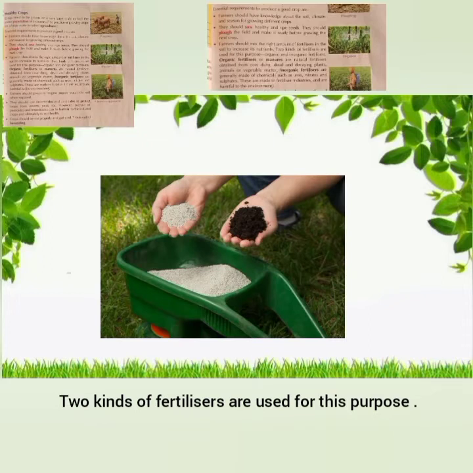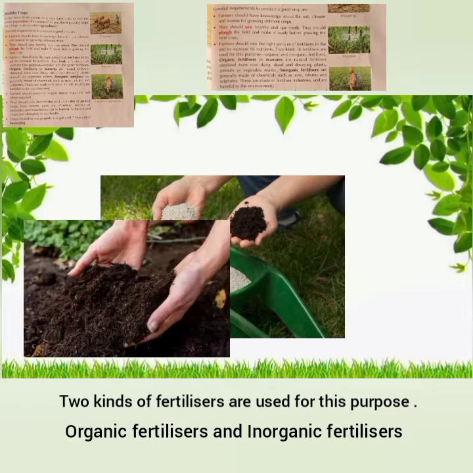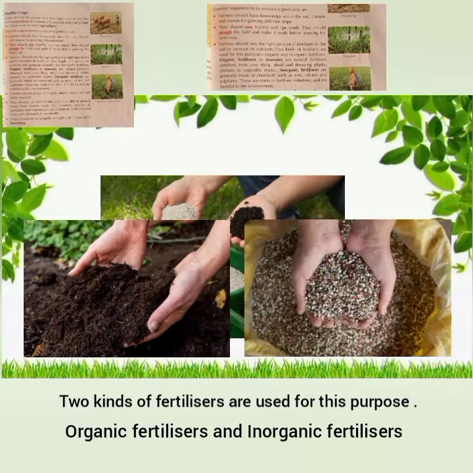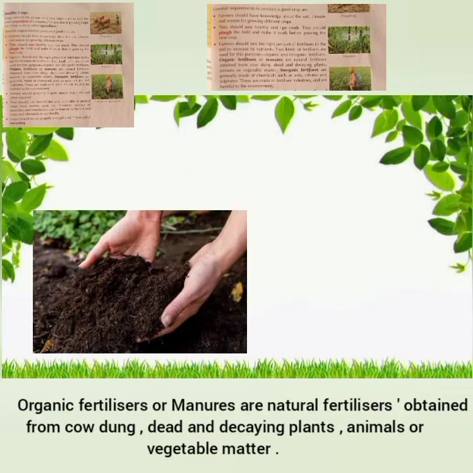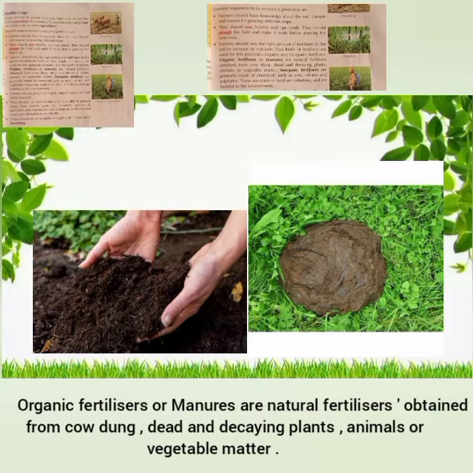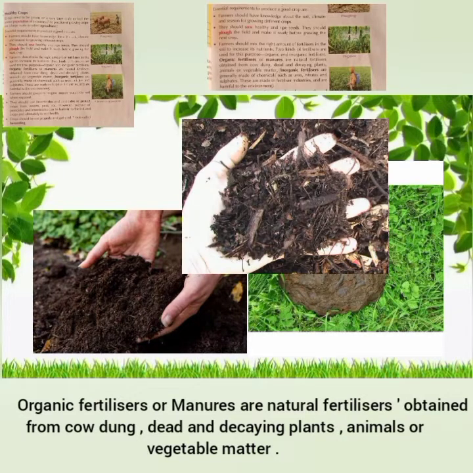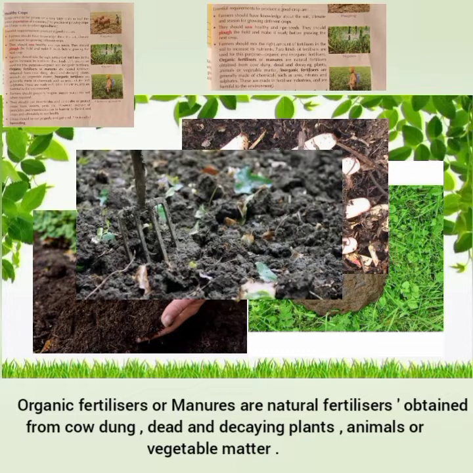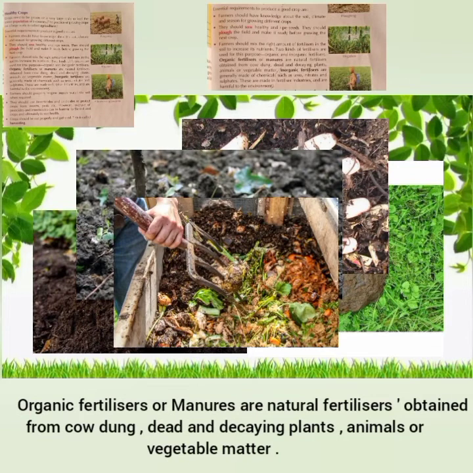Two kinds of fertilizers are used for this purpose: organic fertilizers and inorganic fertilizers. Organic fertilizers or manures are natural fertilizers obtained from cow dung, dead and decaying plants, animals or vegetable matters.